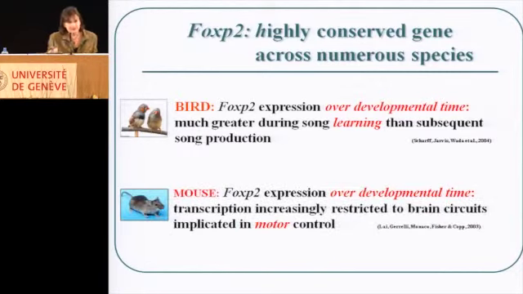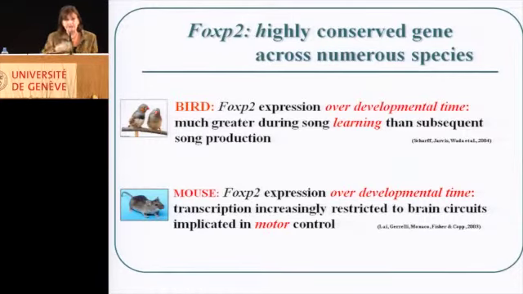Then people looked at the mouse. My colleague at the Institute of Child Health, Andy Kopp, was particularly involved in this. And here they found that FOXP2 expression over developmental time changed where it was expressed in the brain. So first it was the amount that was expressed. Now we're looking at actual regions where it was expressed. The brain expressed FOXP2 very widely at first.